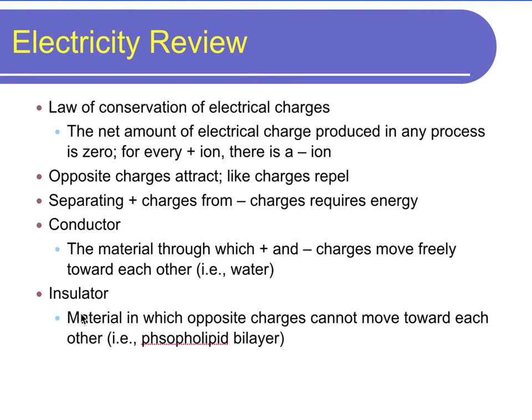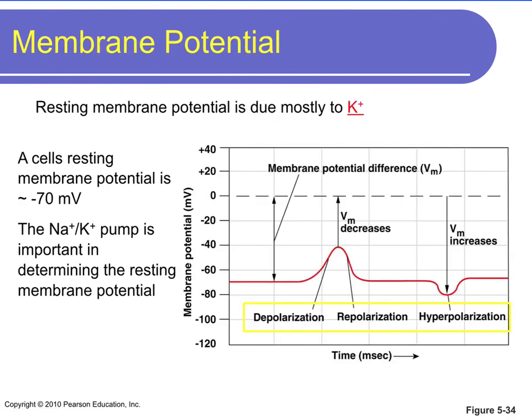In our body, the phospholipid bilayer is actually a very good insulator. Another thing I want you to know about electricity is that the inside of a cell is typically more negative than the outside. How negative? The resting membrane potential of the cells that we're going to learn in class is negative 70 millivolts. So negative 70 inside, 0 outside.